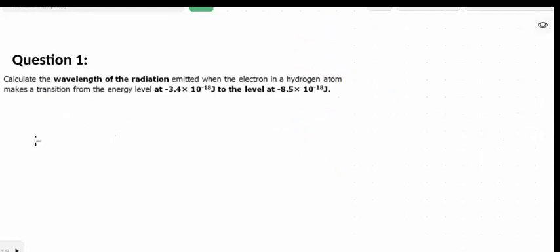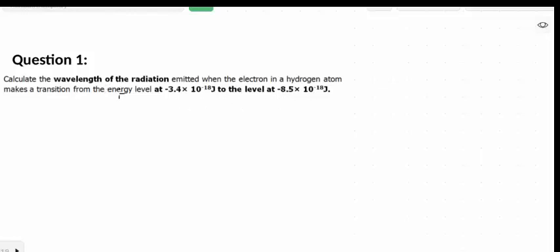Okay. Now we can start solving questions as application on the previous objectives. Starting with question number 1: calculate the wavelength of radiation emitted when the electron in the hydrogen atom makes a transition from the energy level minus 3.4 times 10 to the power minus 18 joule to the level at minus 8.5 times 10 to the power minus 18 joule.